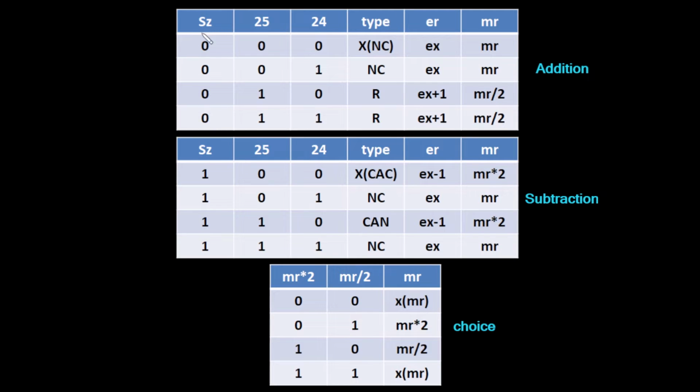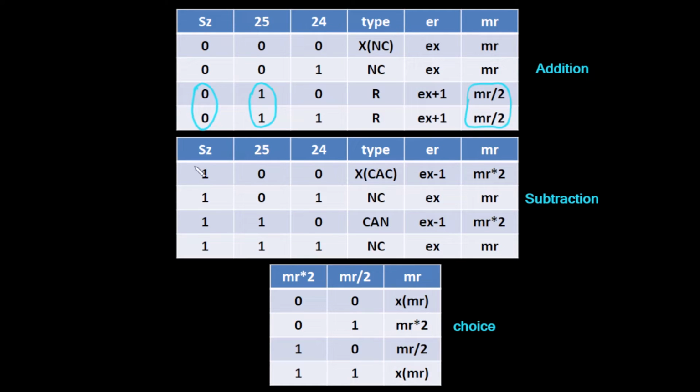So if we took our SZ here, we've seen that if the SZ is a value of 0 and bit 25 is a value of 1, then we don't care about bit 24. It's 0 or 1, so it's really don't care. Then we're going to have our exponent plus 1, and our mantissa divided by 2. So we're really interested just in the mantissa. So it's going to give us this here.